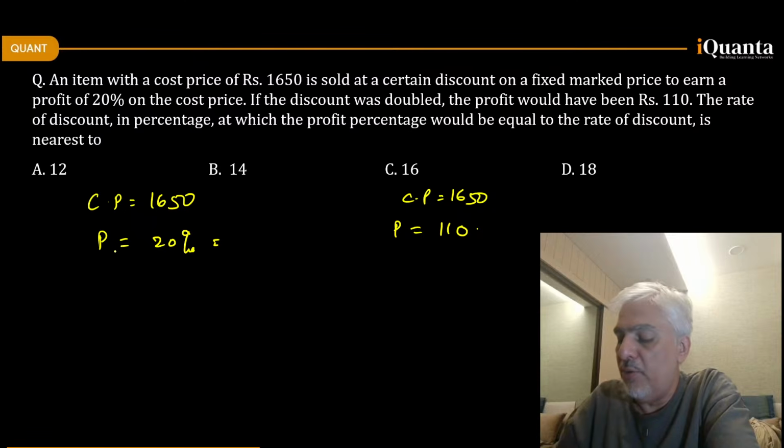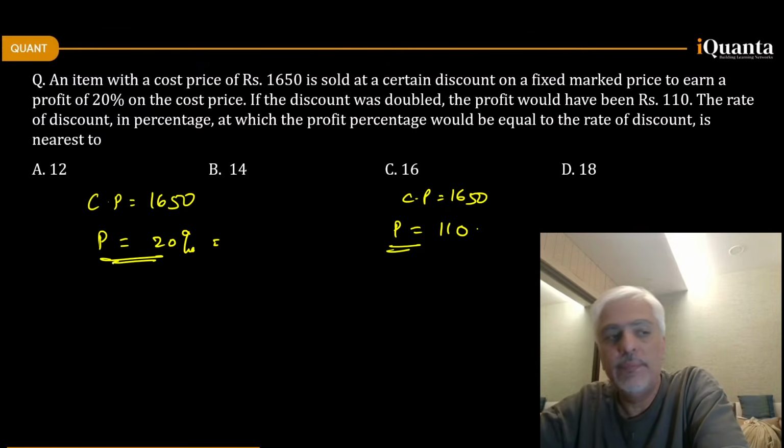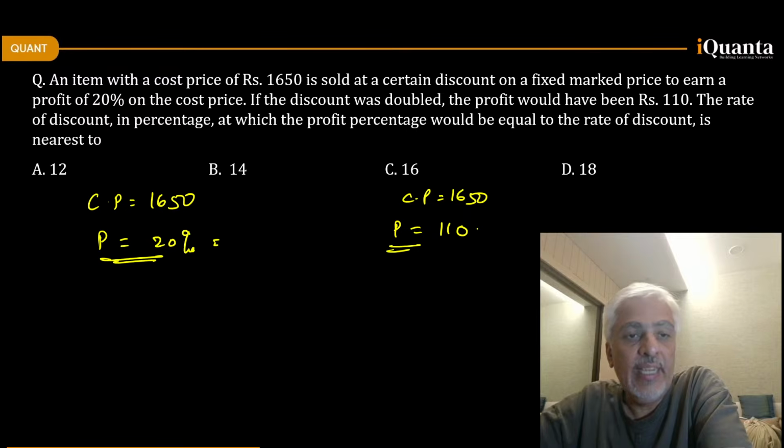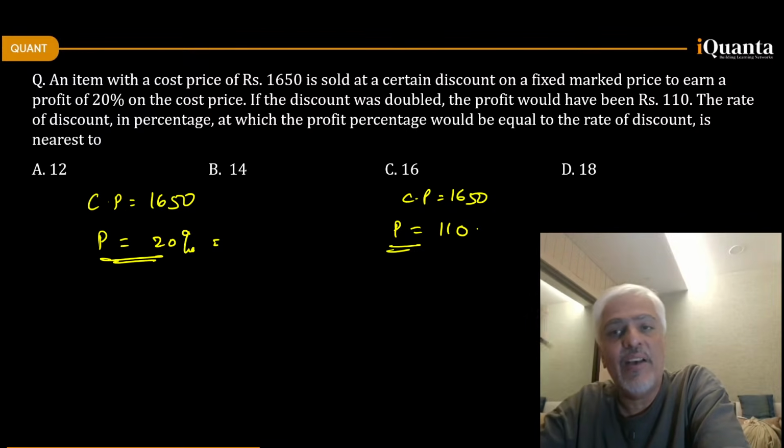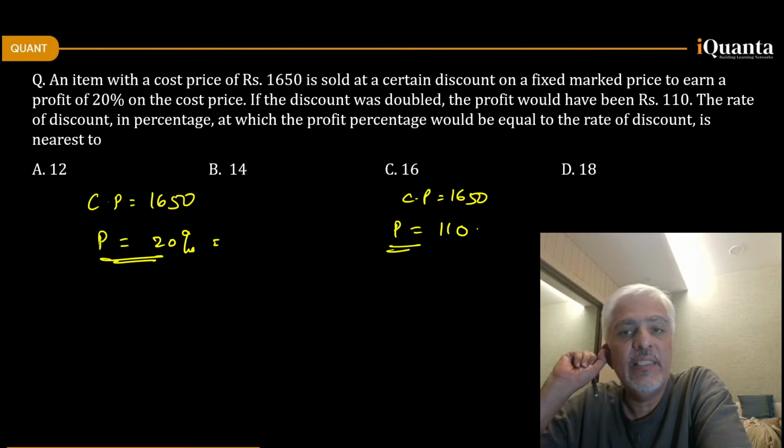So here, the second discount is double of the first discount in terms of percentage. And then later they've asked in which case the rate of discount nearest to the profit percentage will be equal to the discount percentage.